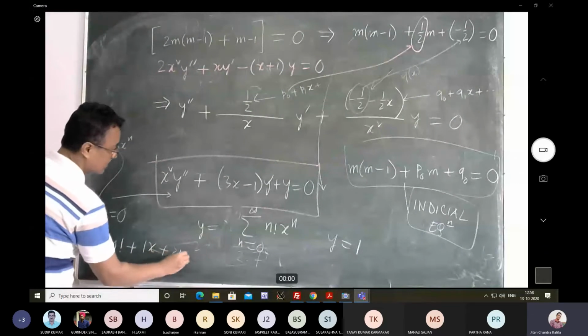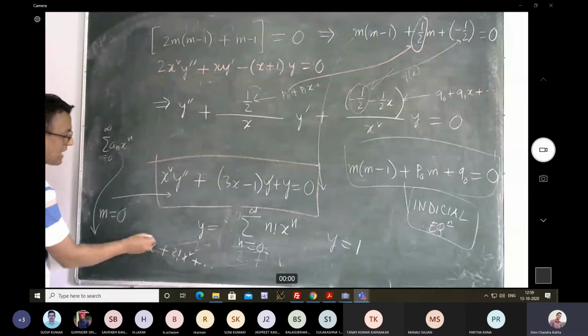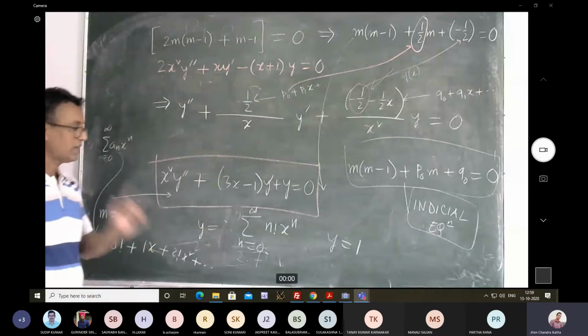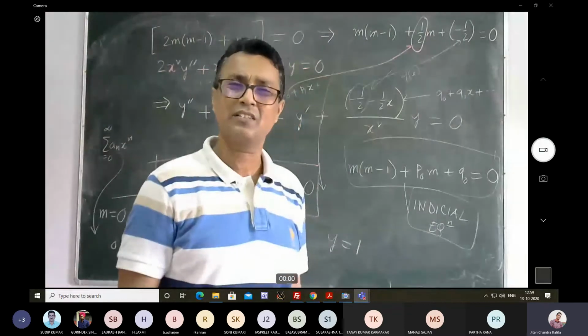Once I plug in x equal to 0, factorial 0 is simply 1, so I am going to get y equal to 1. Is it okay with everybody?